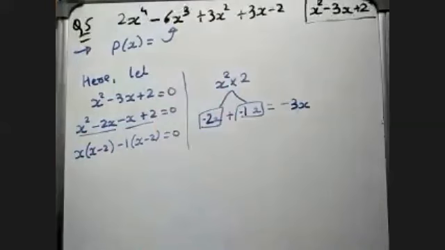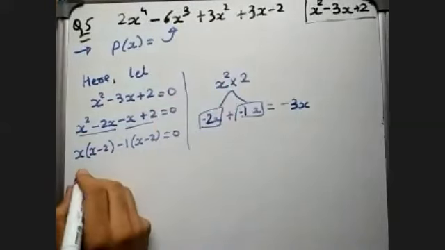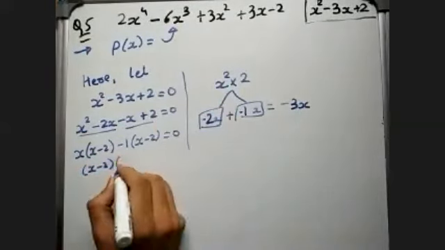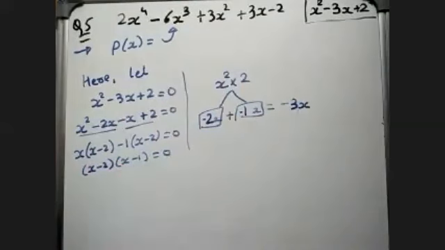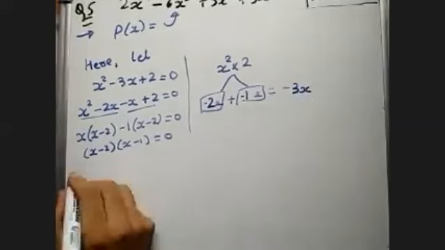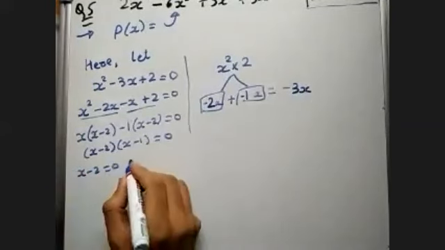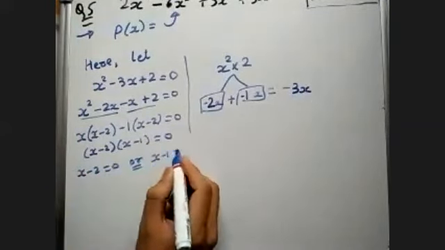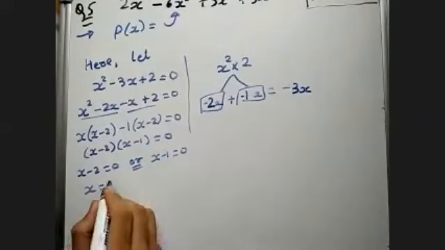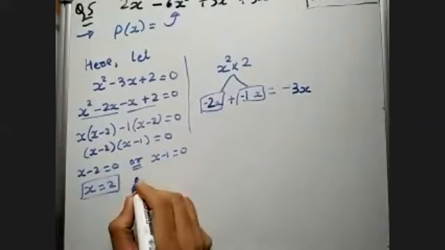So after simplification, I will get x minus 2 into x minus 1 equal to 0. And here product of x minus 2 and x minus 1 is equal to 0. Understand this carefully. If product of x minus 1 and x minus 2 equal to 0, that means either x minus 2 equal to 0 or x minus 1 equal to 0. So that means x is equal to 2 and x is equal to 1.